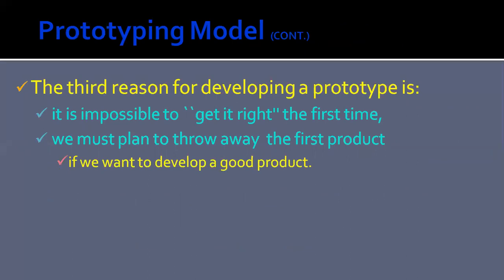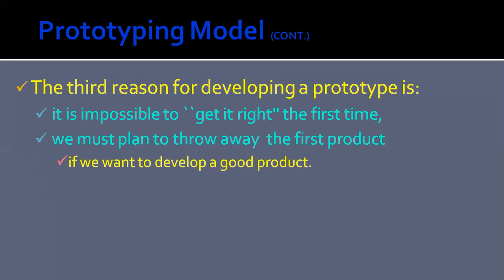This statement was given by Brooks in 1975: one must plan to throw away the software in order to develop good software later. Thus, the prototyping model can be used when highly optimized and efficient software is required.